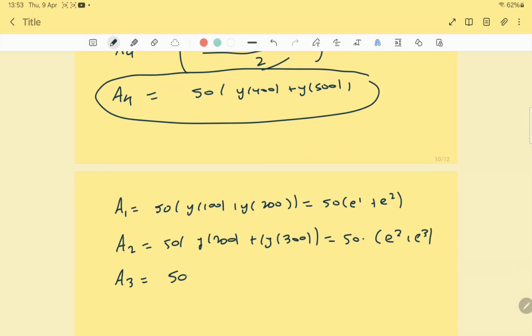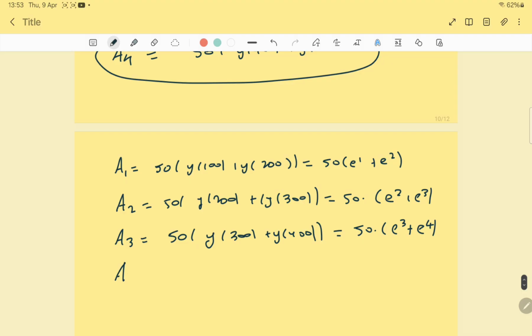A3 is going to be 50 times y 300 plus y 400, that's 50 times e to the power of 3 plus e to the power of 4. And A4 is going to be 50 times y 400 plus y 500, e to the power of 4 plus e to the power of 5.